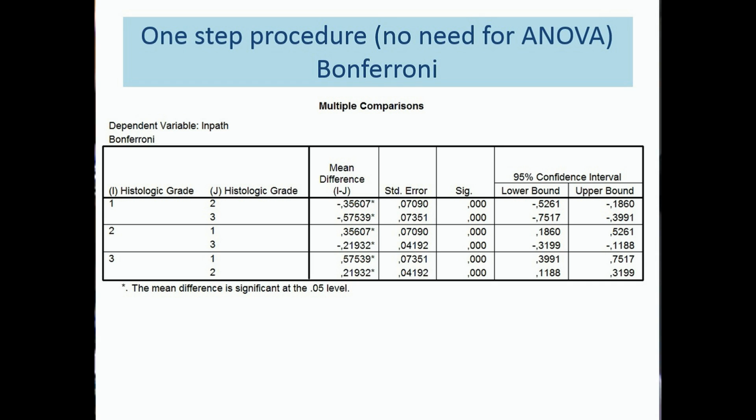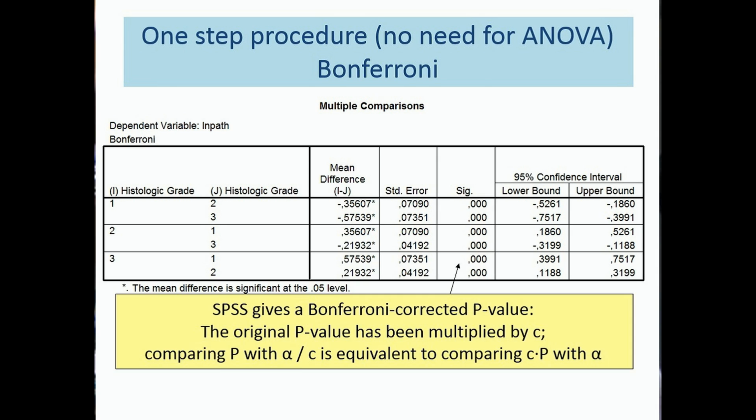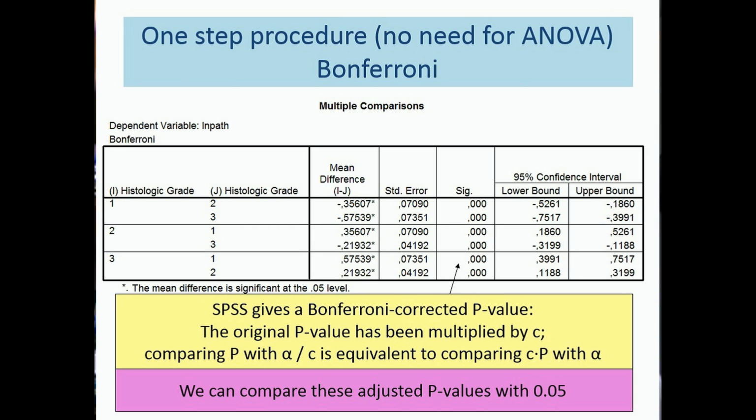To keep the overall alpha small, each test is performed with a smaller alpha equal to the overall alpha divided by the number of tests, in this case 3. As a service, SPSS already multiplied the p-values by 3. We call this the Bonferroni corrected p-value, and we can simply compare these p-values with 0.05.